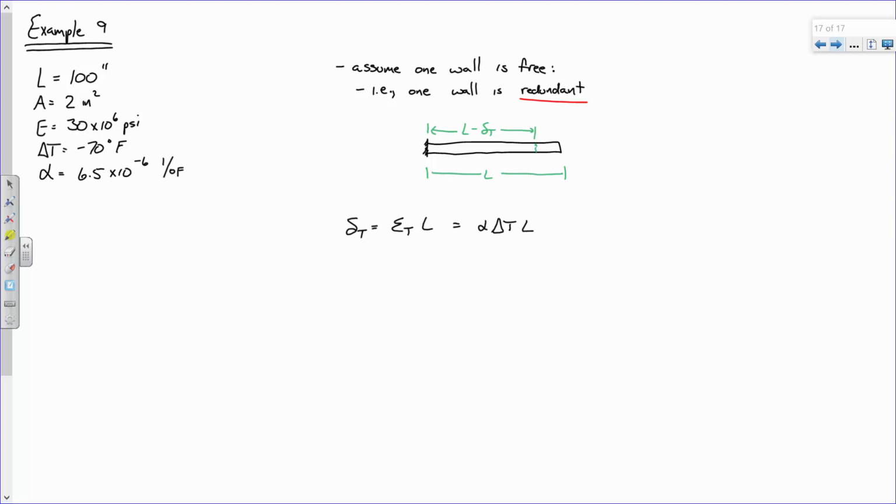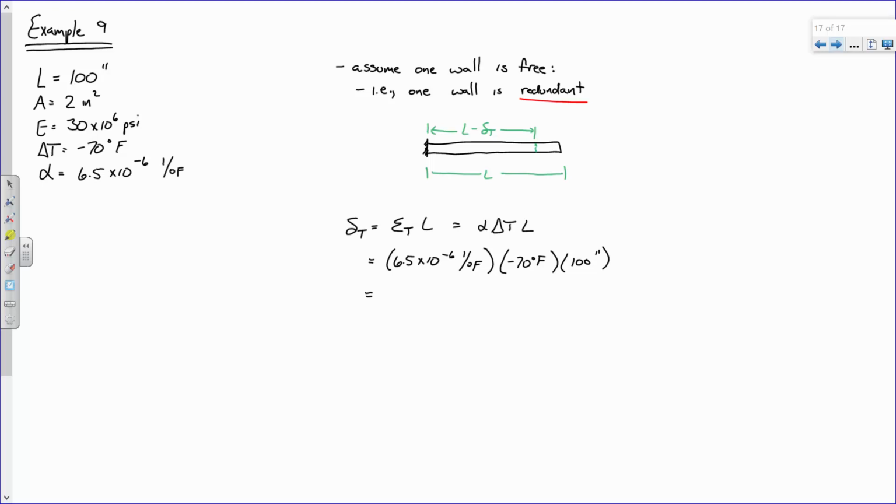Okay? So to plug and chug, I'm going to get 6.5 times 10 to the minus 6, 1 over degree Fahrenheit, times, and then we'll go ahead and say this is minus 70 degrees Fahrenheit again, although the minus doesn't really matter. And then length is 100 inches.